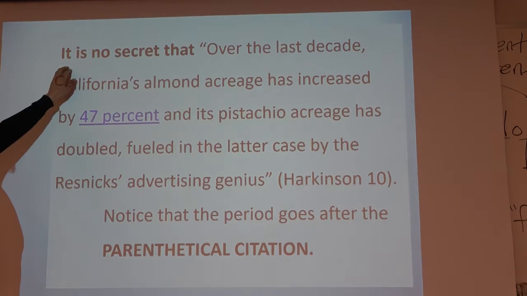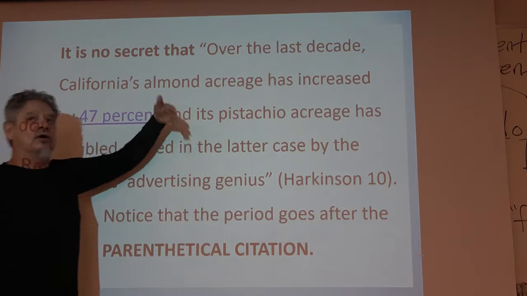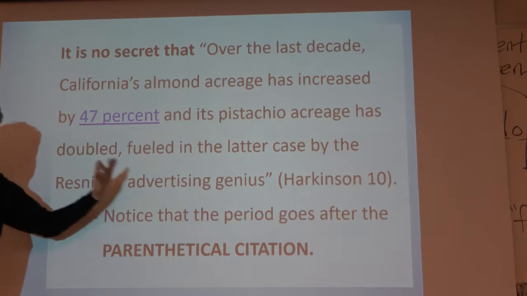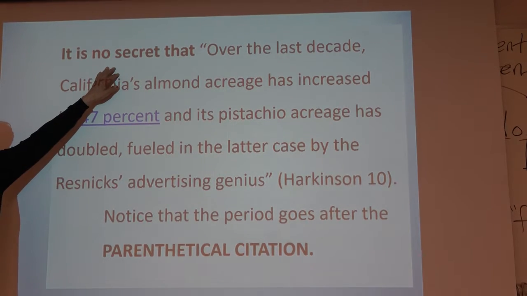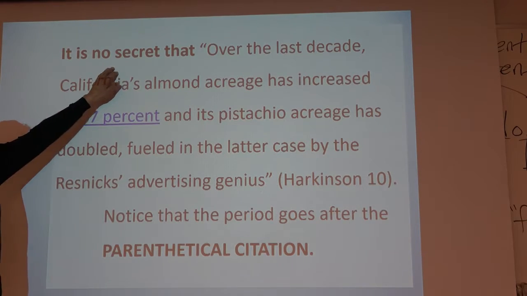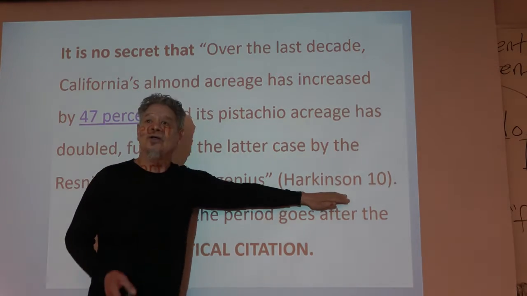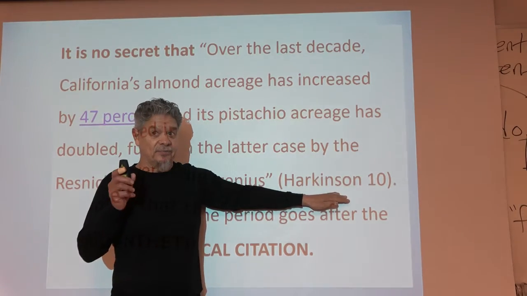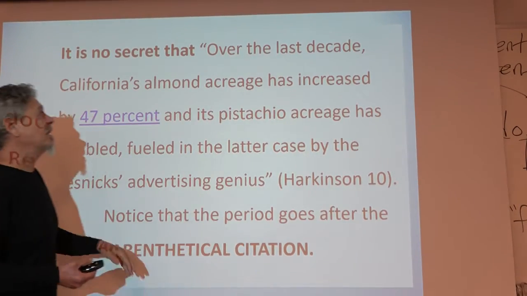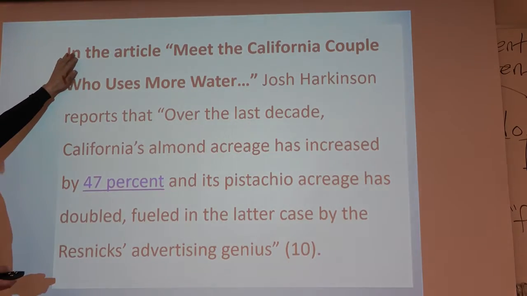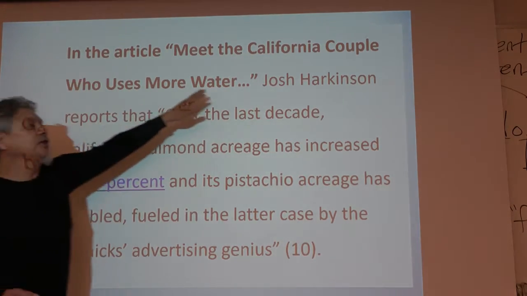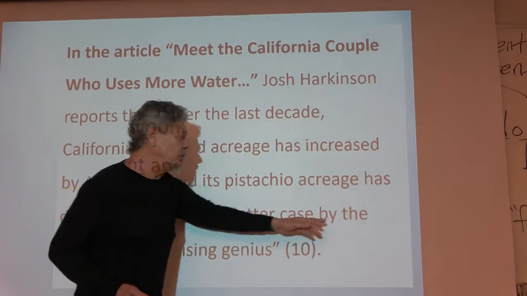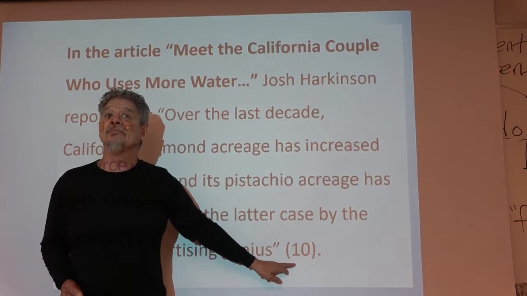Okay? It is no secret that over the last decade, so because I didn't mention the author and I didn't mention the article, in the parenthetical, I mentioned the author. So, if you mention the author in the introduction, then all you need is the number.